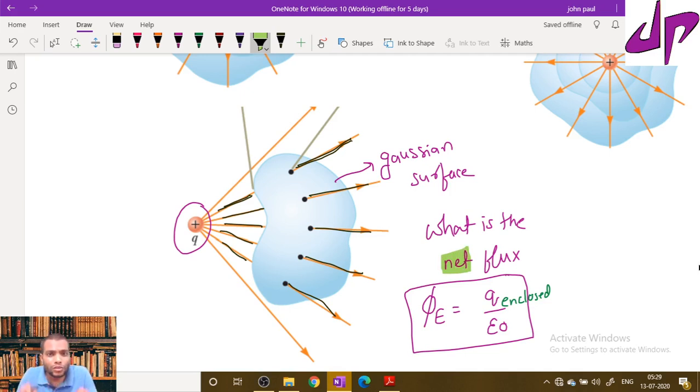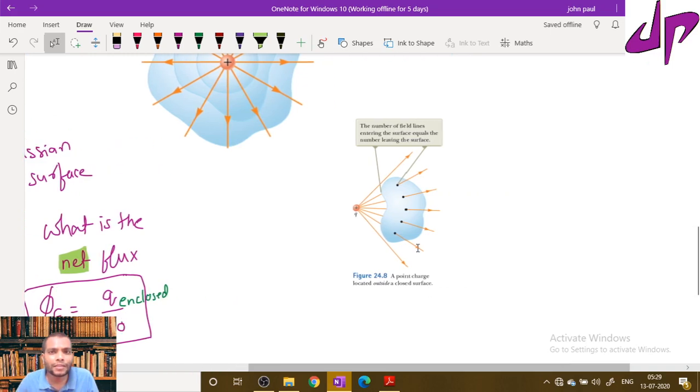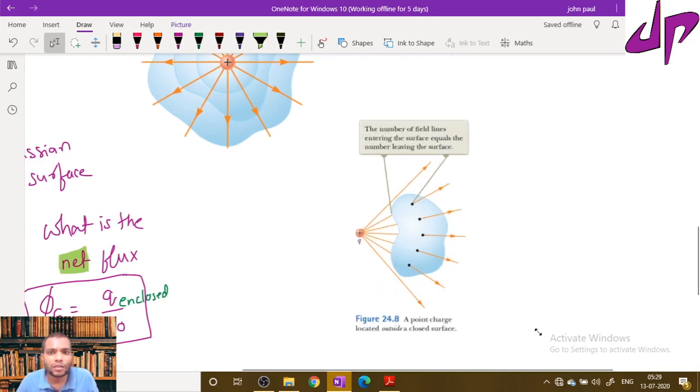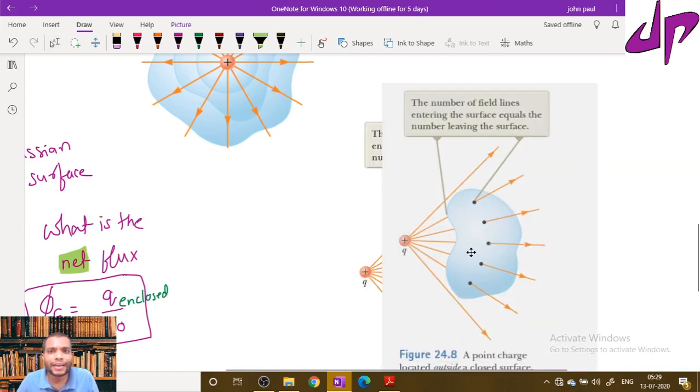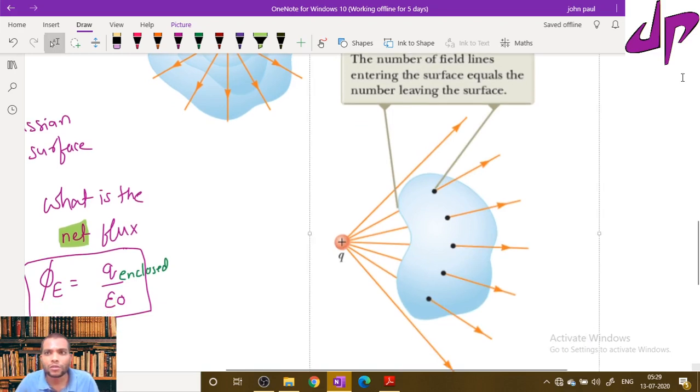Now the total flux through the surface is 0 because no electric field lines are staying inside. However many electric field lines are going through the surface, that many are coming out. So the total net flux in this case is 0, because the surface does not enclose the charge. So in this case, Gauss's law tells us the net flux through the closed surface is equal to 0.